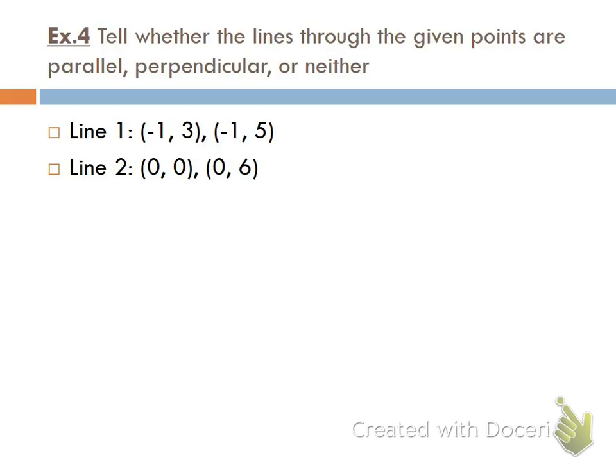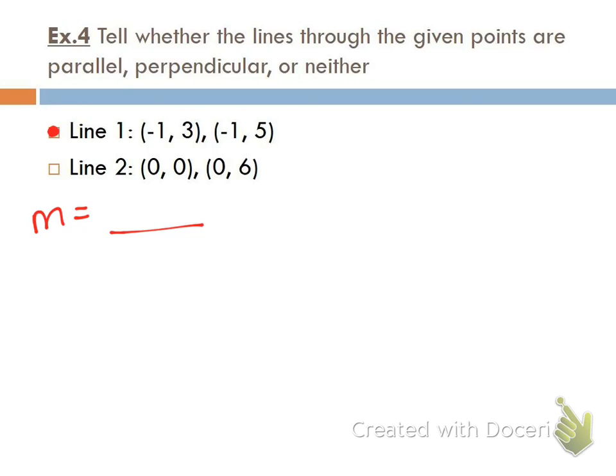Tell whether the lines through the given points are parallel, perpendicular, or neither. Now on these they did not give us a graph, and I'm not going to take the time to make a graph, so we will just use our slope formula. So for line 1, I'll make my line 1 red. In the top, we've got to take a y coordinate minus the other y coordinate.